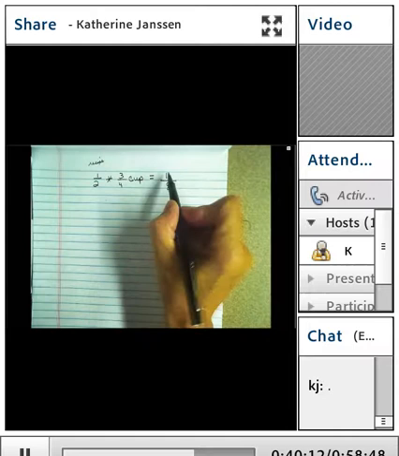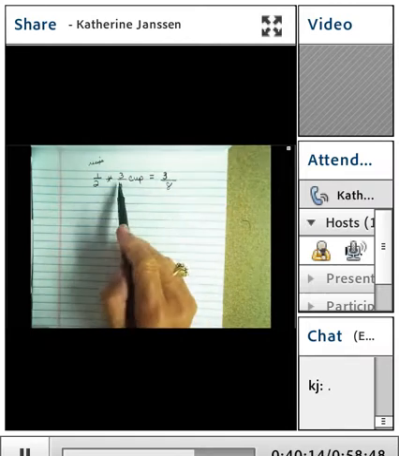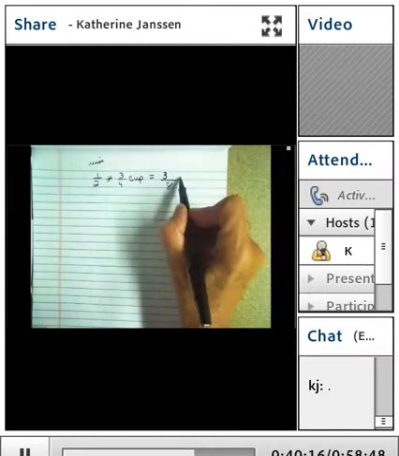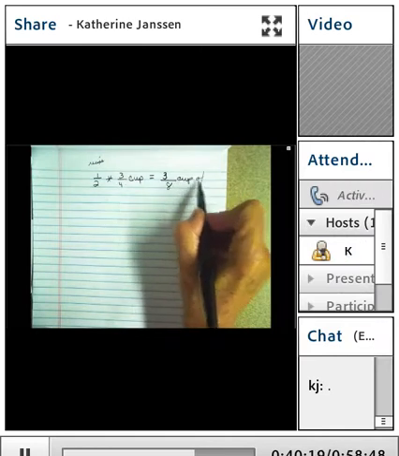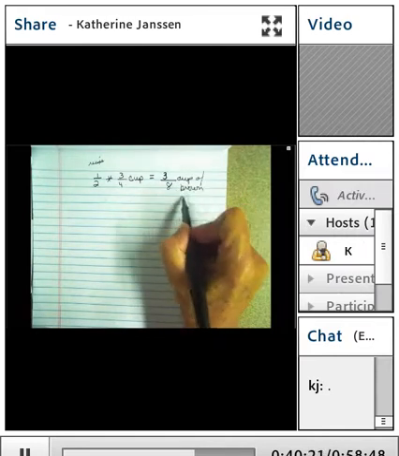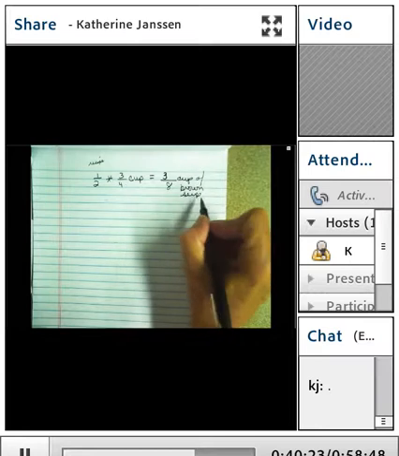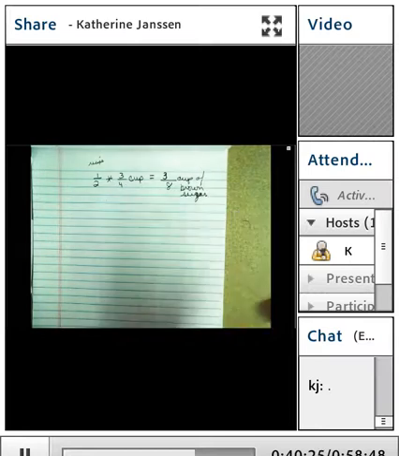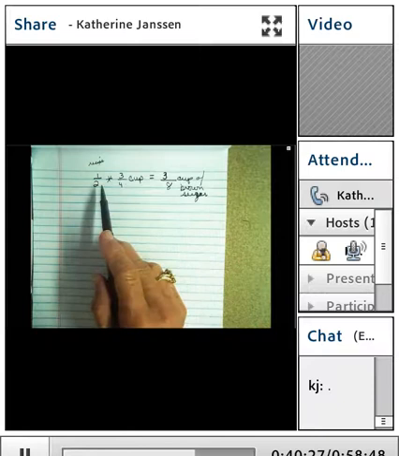And 1 times 3 is 3. So we have 3/8 cup of brown sugar needed when she calculates 1/2 of the original recipe.